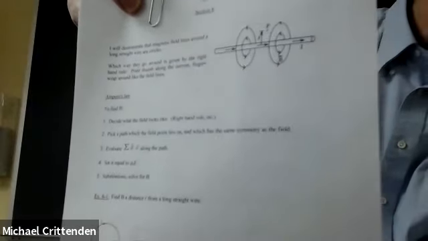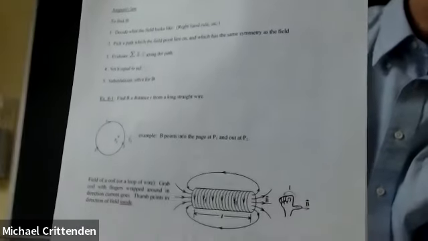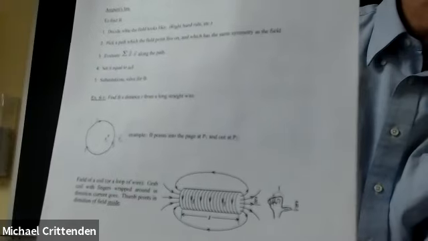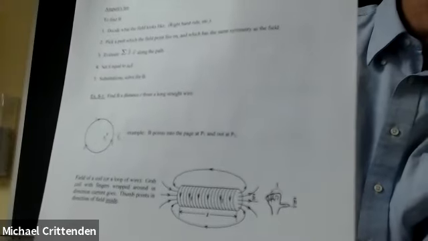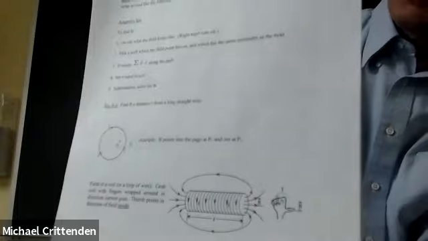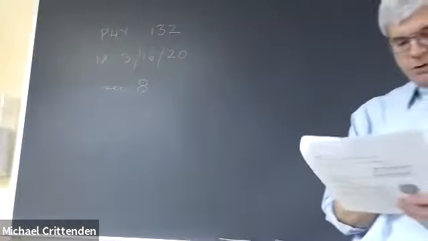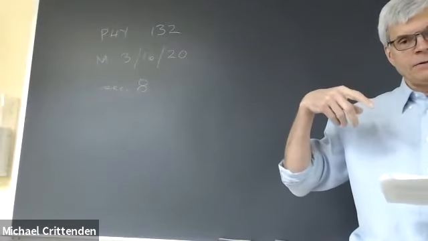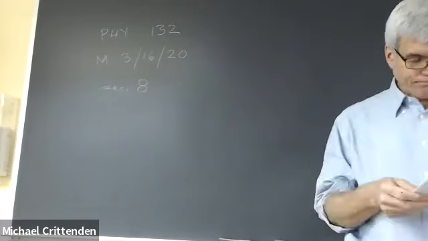You can probably read it a little more clearly than that. I talked about how the direction of the field through a coil is given by the right-hand rule, like it shows at the bottom of the page. I had done example number 1, where I used Ampere's Law to get the field around a straight wire.